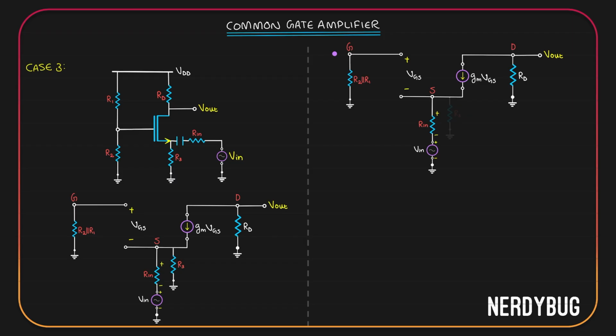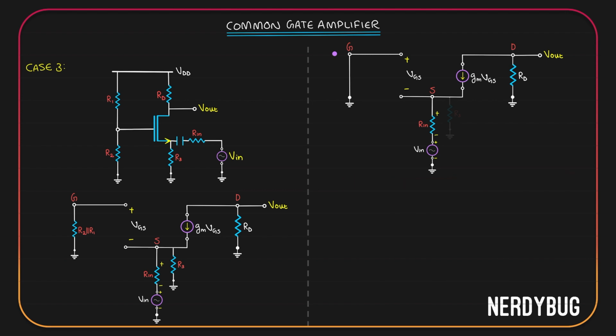So technically, gate is connected to the ground, or gate is at zero potential. So to make it simpler, let us remove R2 parallel to R1 in the model. Now, if you take a closer look, you can see that what we have over here is the small signal model of case 2.